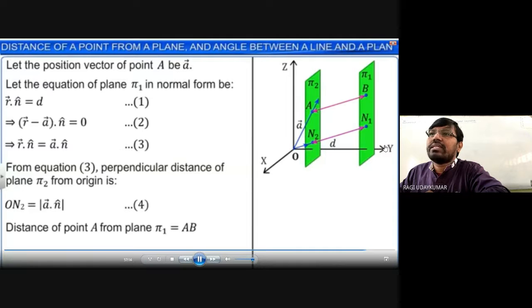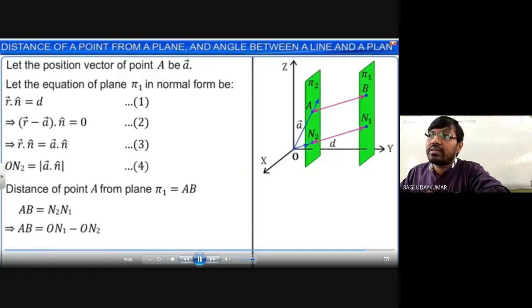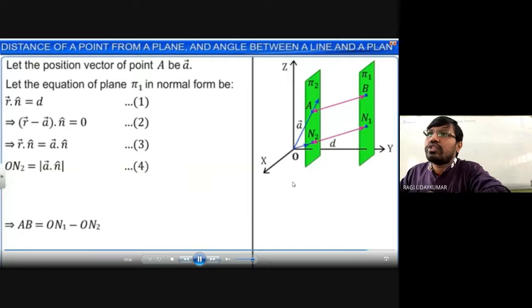So when the distance is taken into consideration here, the distance AB will be equal to n2 n1. This distance, because these two planes are parallel, the normals whatever you are taking into consideration, the distance between them. So AB is equal to O n2 minus O n1.